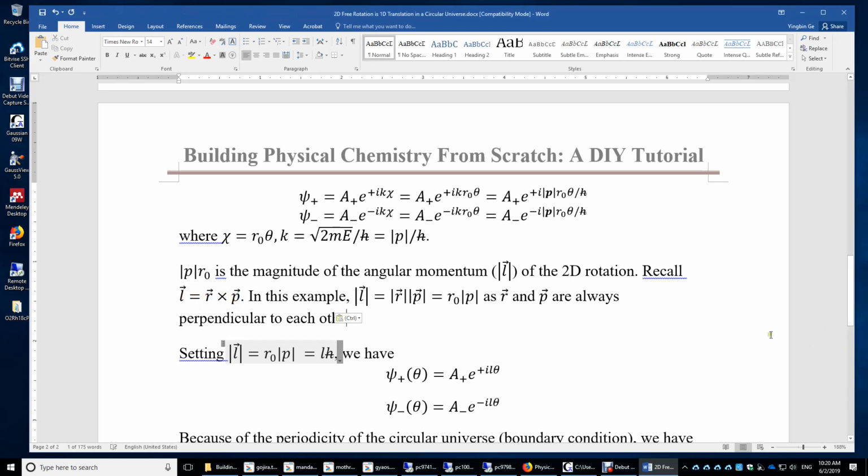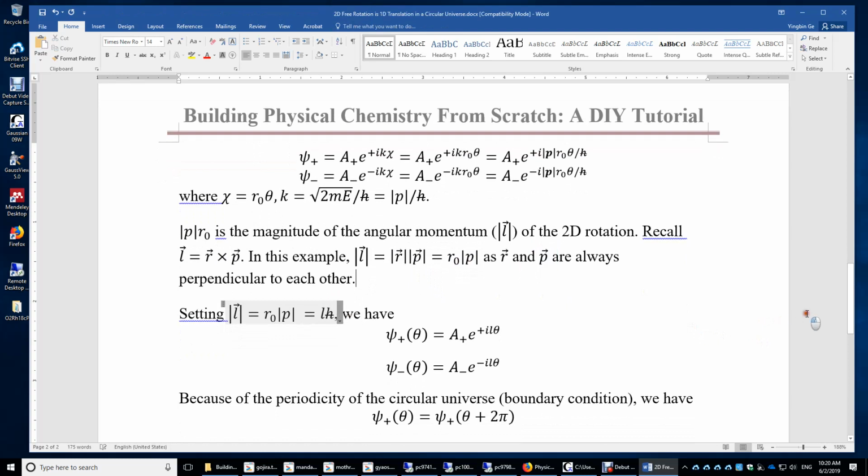In this example, because the r vector and p vector are always perpendicular to each other, the angular momentum simply equals r0 times p. But the direction of the angular momentum is perpendicular to the plane of rotation.